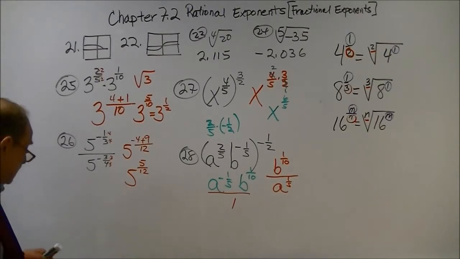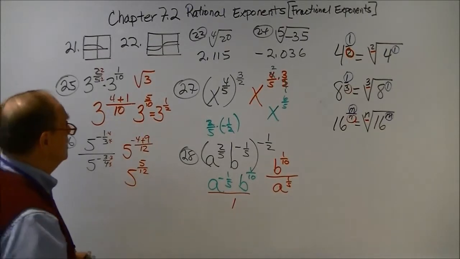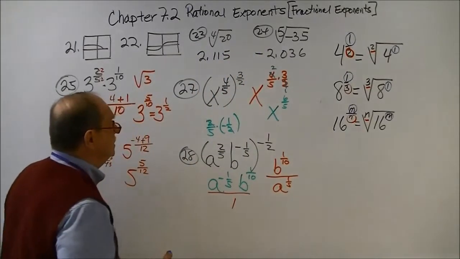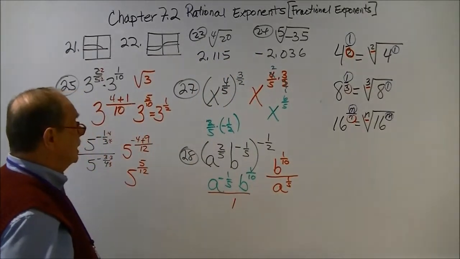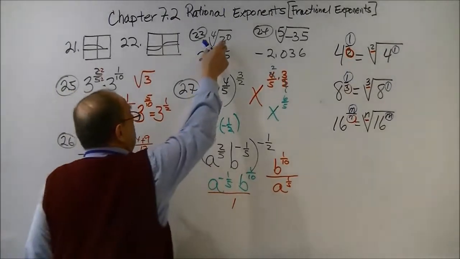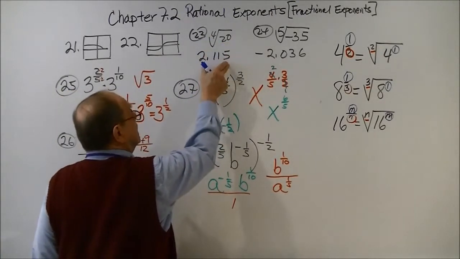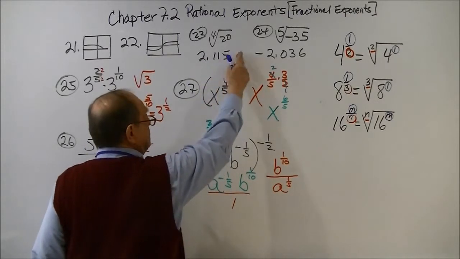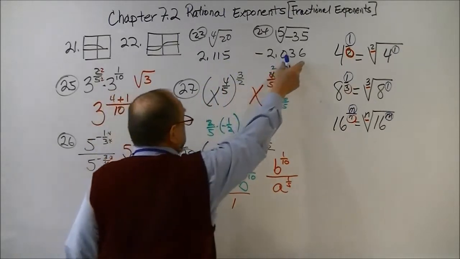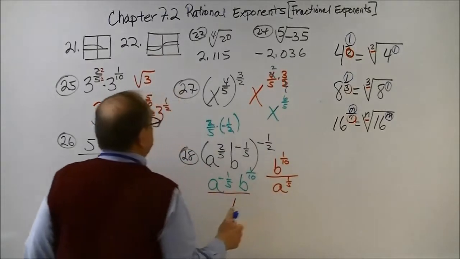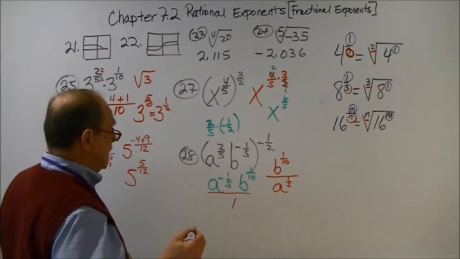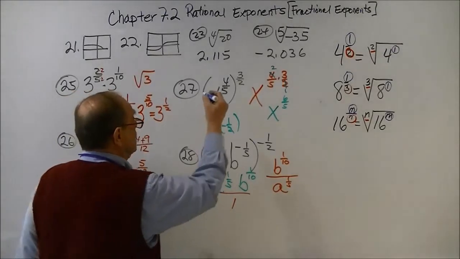And I see, since I didn't go my usual way, I skipped 23 and 24. Here they're asking you to use your calculator to evaluate this to 3 decimal places. So there are my 3 decimal places, and I would round off. The same here. And you might say, well, how can I put that into my calculator? Well, there is a special way that I wanted to show you.